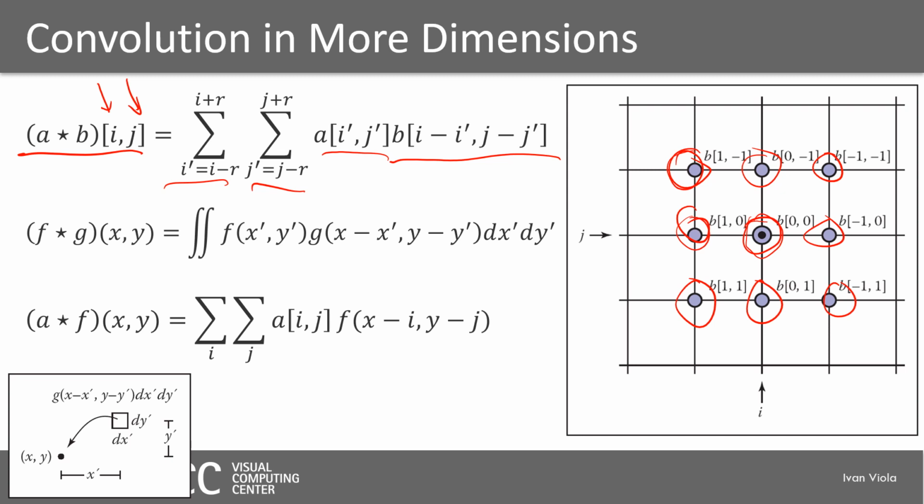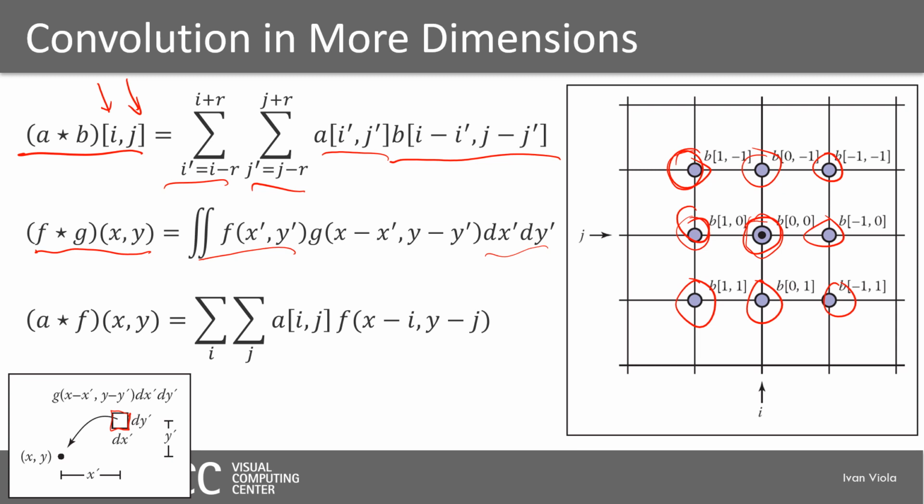In the continuous case, the convolution in two dimensions can be defined as a multiplication or weighting of our two-dimensional function with a filter kernel, which has a certain value multiplied by this infinitely small dx dy area of our input function.